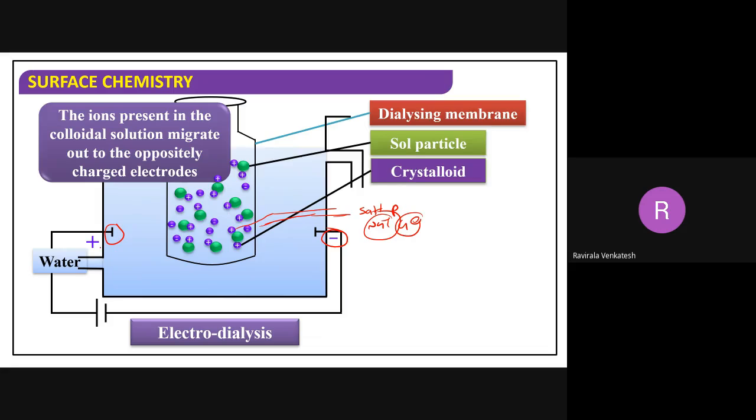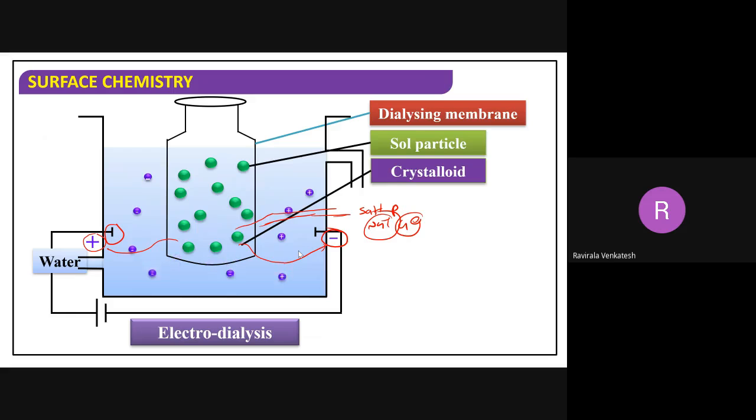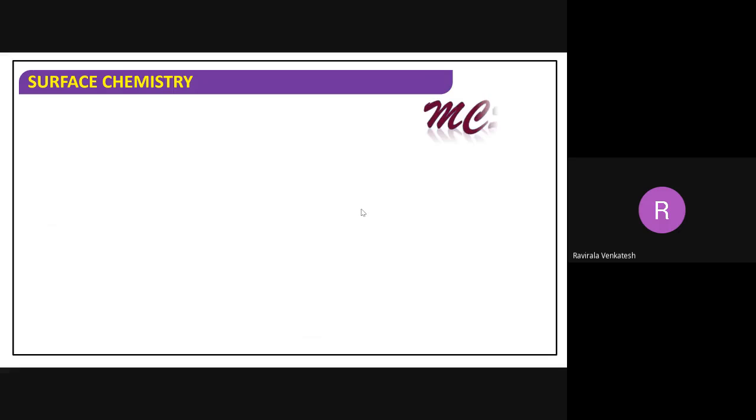Now, the negative charge readily moves to the positive electrode, and the positive charge readily moves to the negative, so you are speeding up the dialysis method by using an electric field. They come out and can be easily removed. Because of these positive and negative electrodes, ions come outside the semi-permeable membrane, making the process very fast.